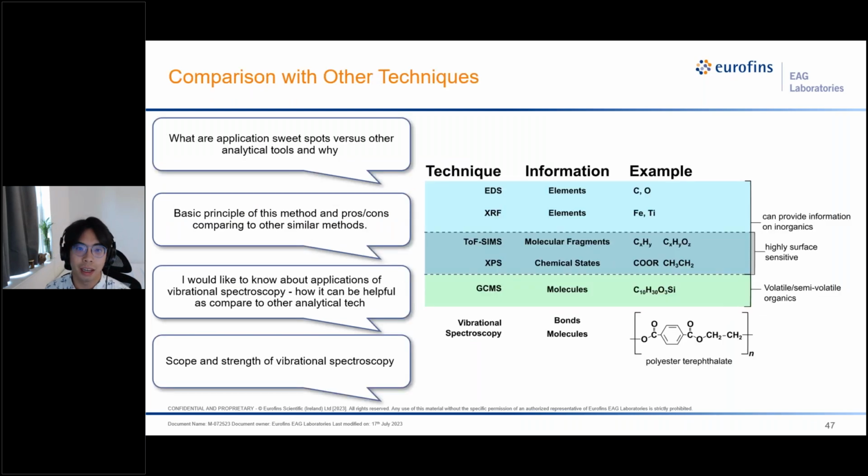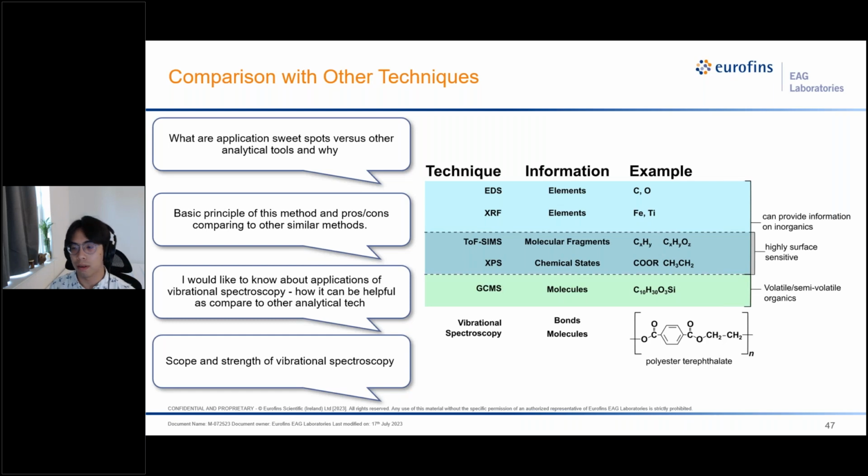So how does this technique really compare, or rather taking a step back, how does vibrational spectroscopy compare with other analytical tools that you might find or use here at EAG? And the best way to answer that is that we're really looking at bonds and whole molecules of organic components.